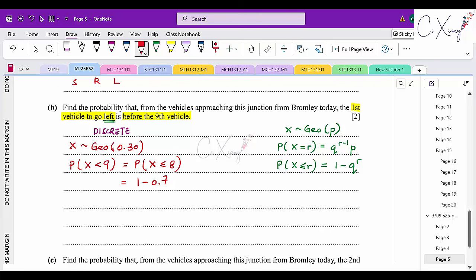So 0.7 to the power r, where r is 8 here. So just use a calculator to help you a little bit. By right, for this question, you should be getting a long number, and I'll have to cut it short to 3 significant figures, where it is 0.942, correct to 3 significant figures.